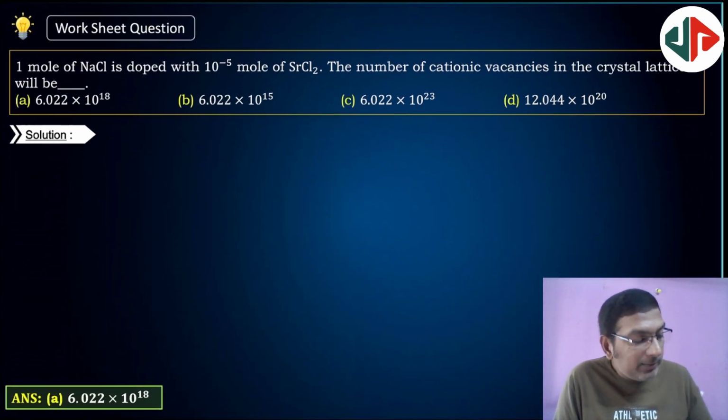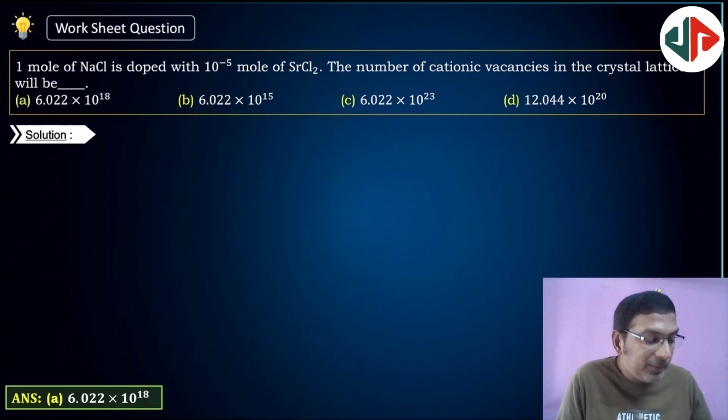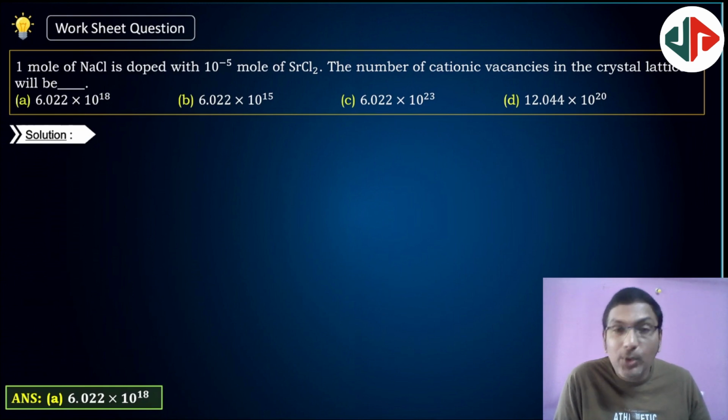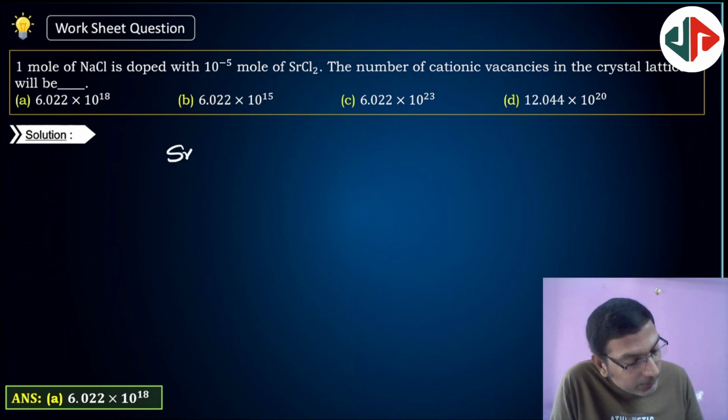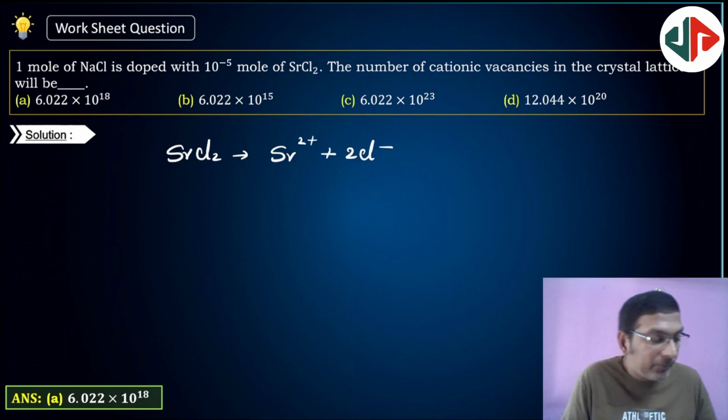So 1 mole of NaCl is doped with 10 power minus 5 moles of SrCl2. The number of cationic vacancies in crystal lattice will be. So SrCl2 can be written as Sr2+ and 2Cl-.